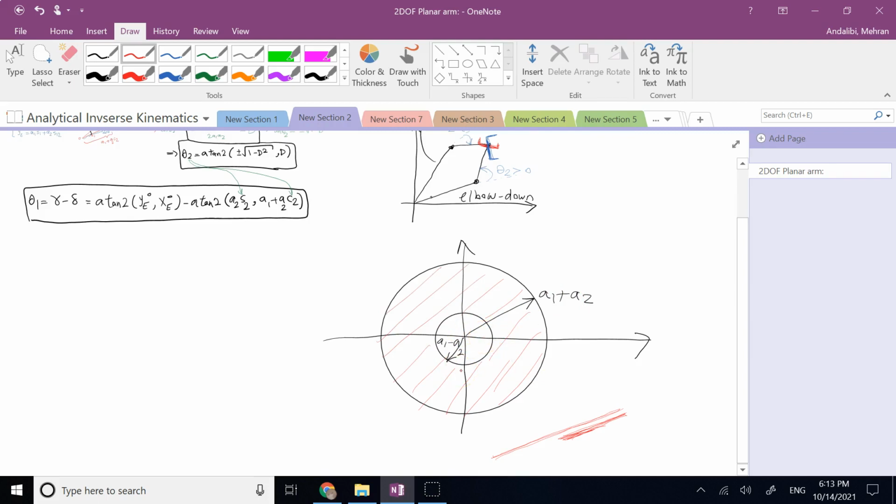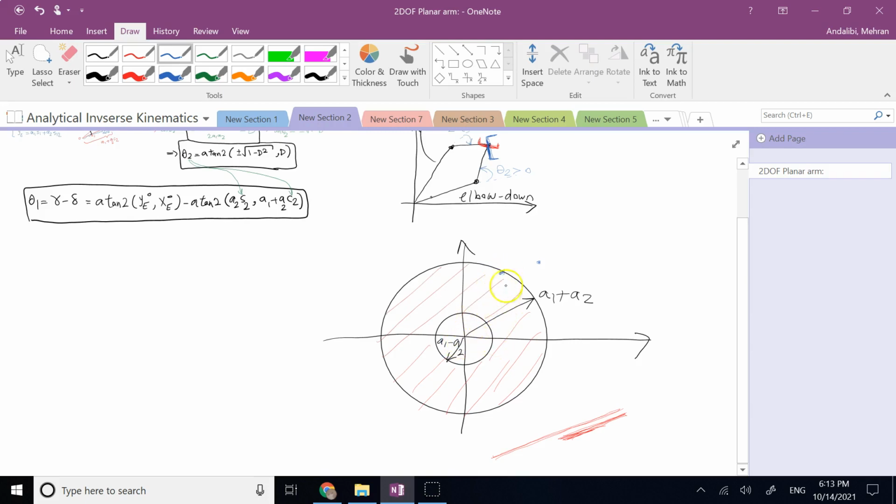So that's my workspace. And as I said, if the point you want to reach is outside this workspace, then there is what? No solution, right? And what if the point I want to reach is exactly on the boundary? Then, of course, you have to make the two members completely stretched out. So theta 2 has to be 0.